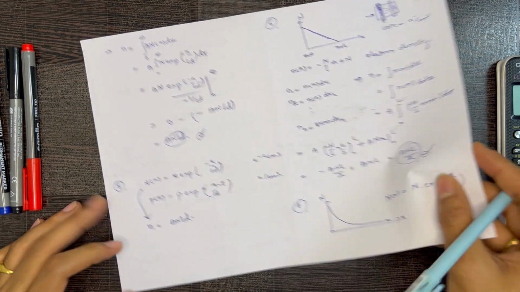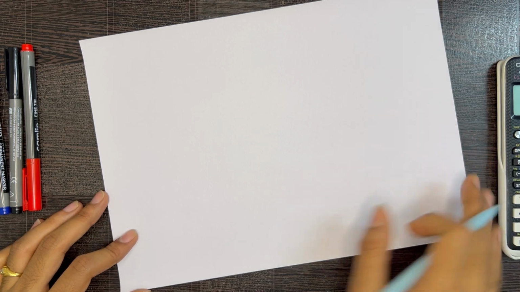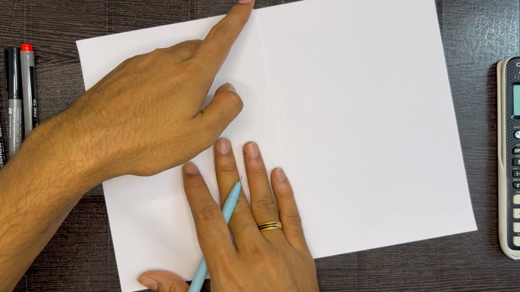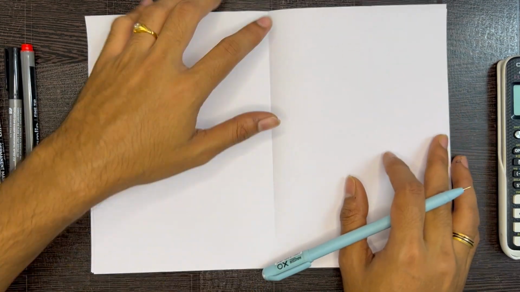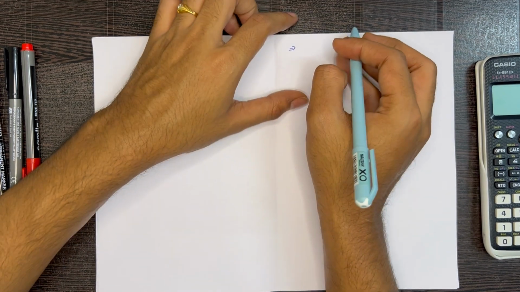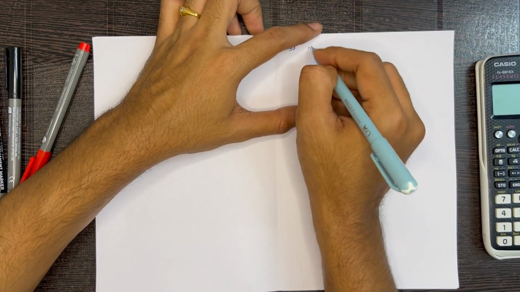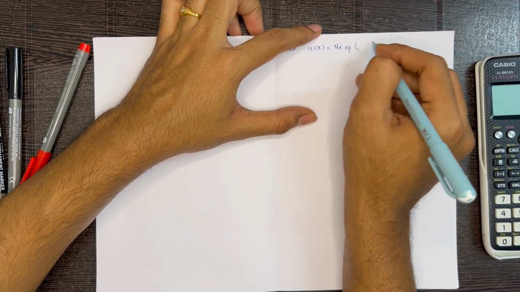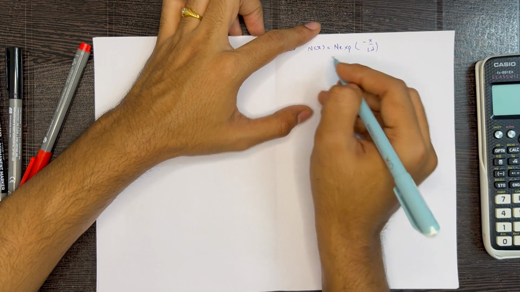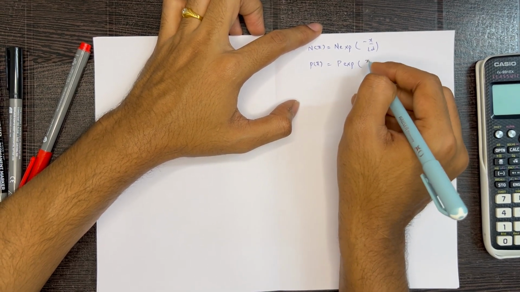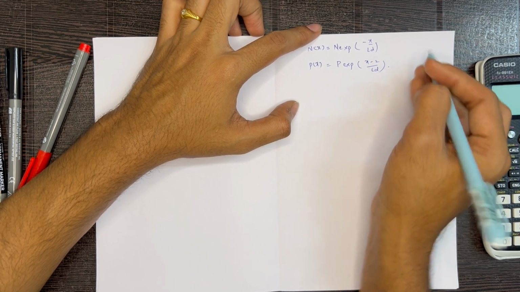Let's take a new page. So, n of x equals n exponential of minus x by LD. p of x equals p exponential of x minus 2 by LD.